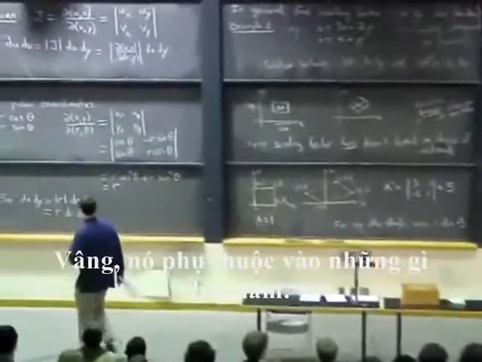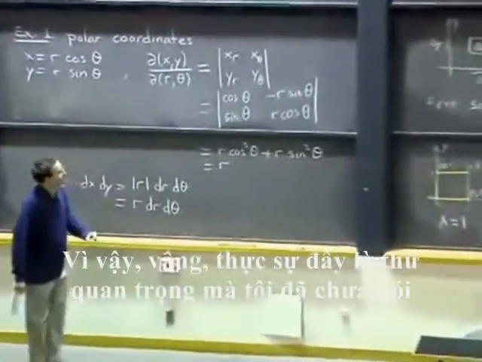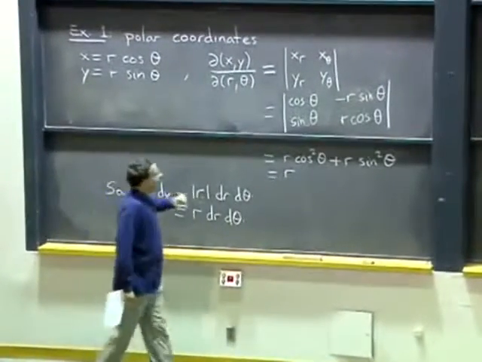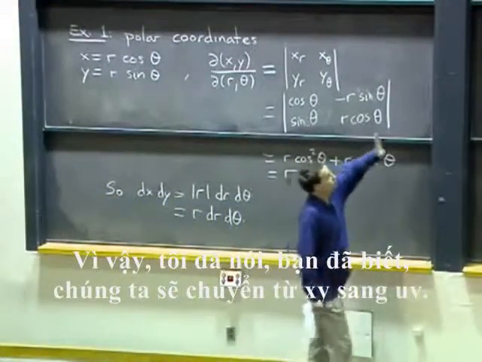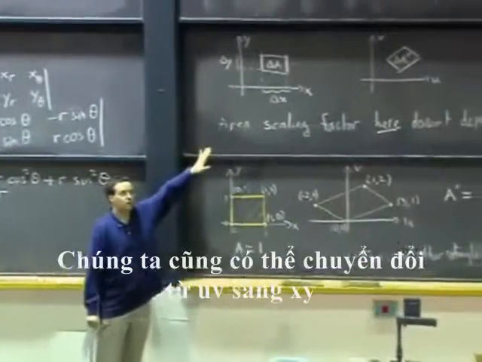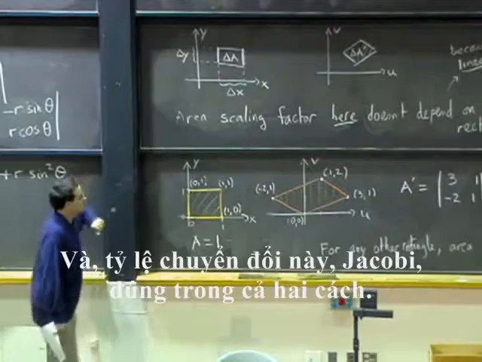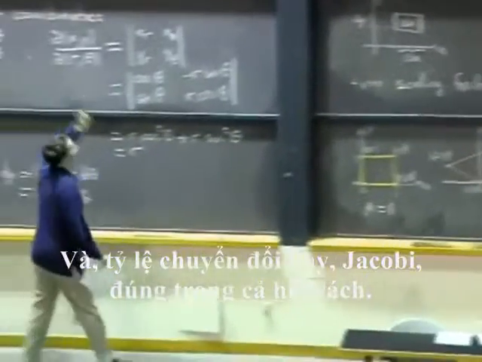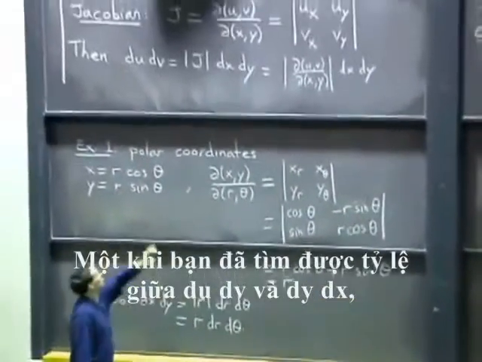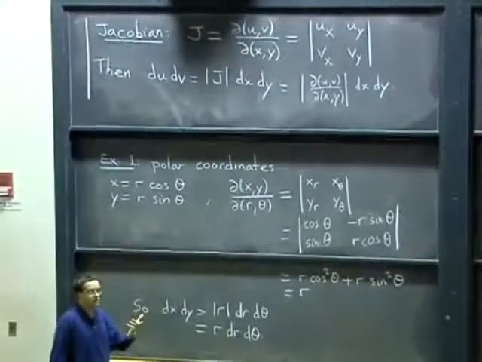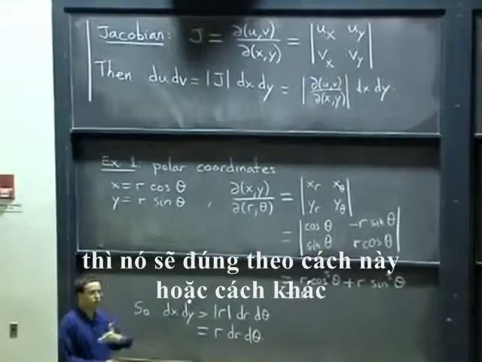Well, it depends what you do. Actually, here's an important thing that I didn't quite say. I said we're going to switch from xy to uv. We can also switch from uv to xy. This conversion ratio, the Jacobian, works both ways. Once you have found the ratio between du dv and dx dy, then it works one way or the other.